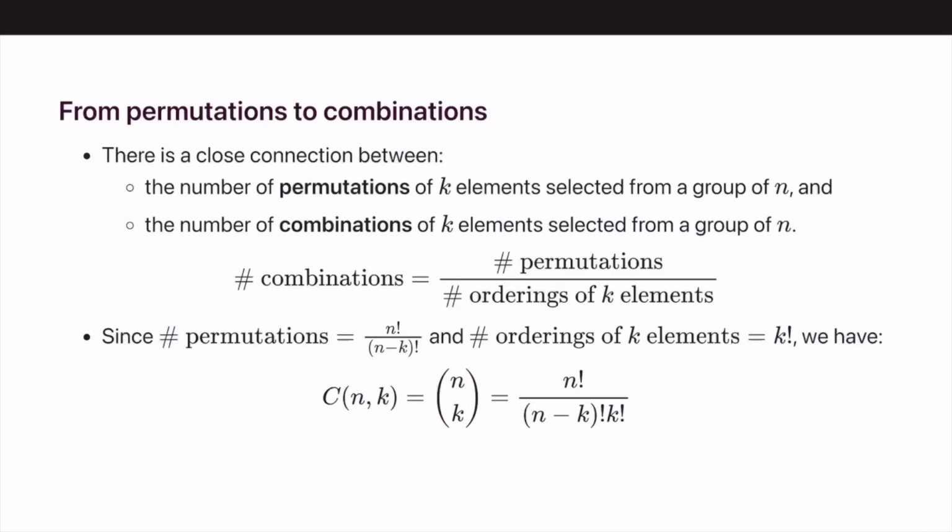Let's look at this idea of how permutations and combinations are very closely connected. For example, both of them happen without replacement. That's important.